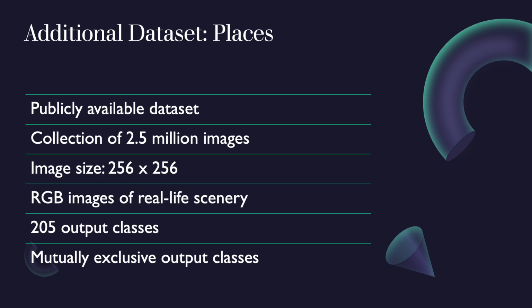The images comprised in this dataset are RGB images of real-life scenery, and the output classes are also staggeringly high. Compared to 10 output classes in MNIST and CIFAR10, in the Places dataset, we have 205 output classes. And like all the other datasets, the output classes are mutually exclusive.